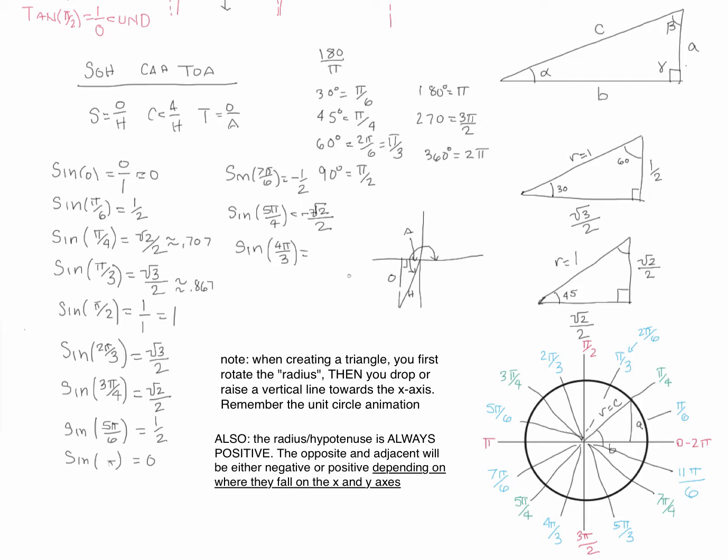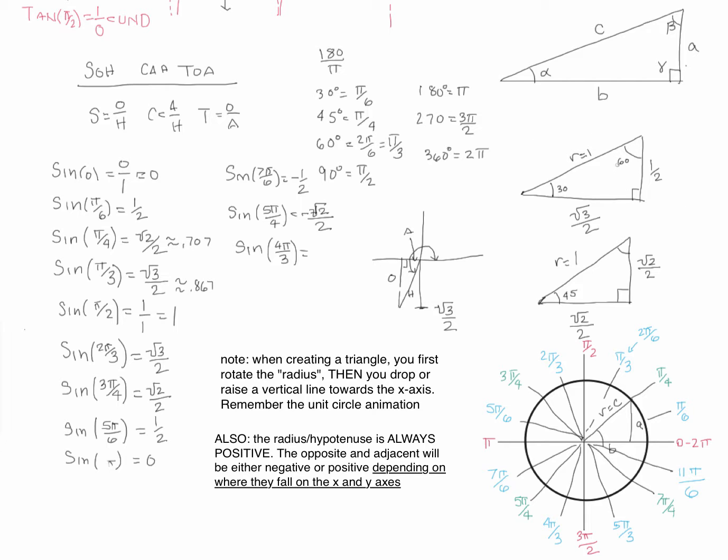Okay, and in this case, our radius is still 1. It's always 1, so we don't worry about that. All we worry about is the opposite. Well, what's the value of the opposite? It's going to be down here. This value is going to be the root of 3 over 2. And if you don't get it, look at this triangle here. Pause the video and look at what's going on.